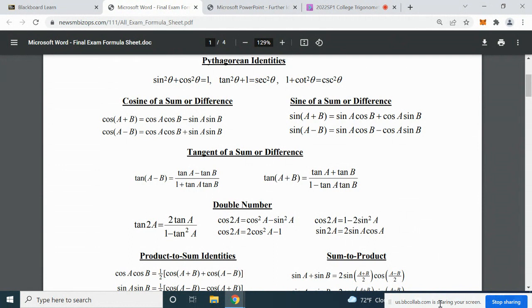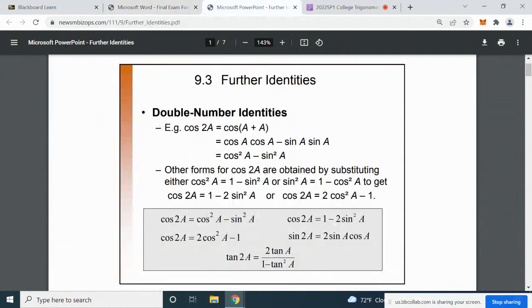Instead of cosine A cosine B, for B we're going to substitute in A, because we're using A plus A and not A plus B. Once you substitute in A in the formula, cosine A times cosine A is cosine squared A, minus sine squared A. And that pops out that first formula.